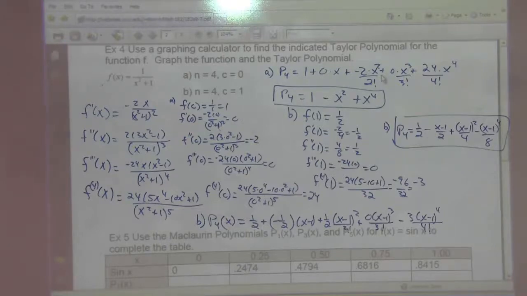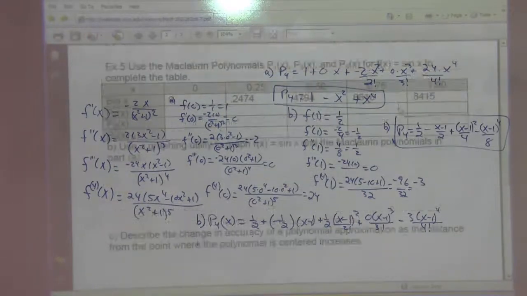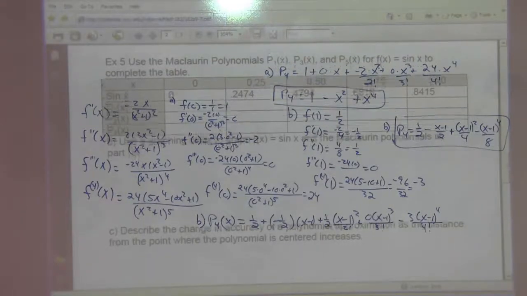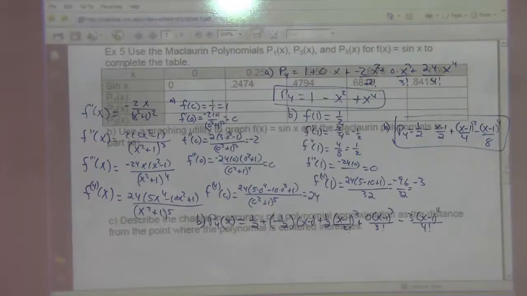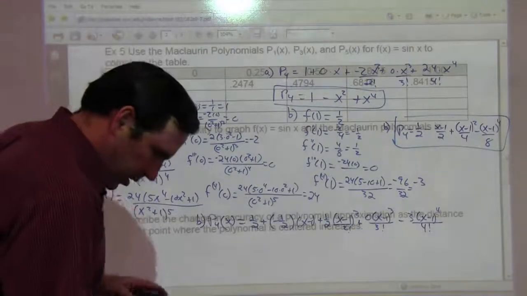So feel free to pause that if you'd like. I'm going to go on to example 5 here. And I'm going to clear the board. I just lost my microphone.